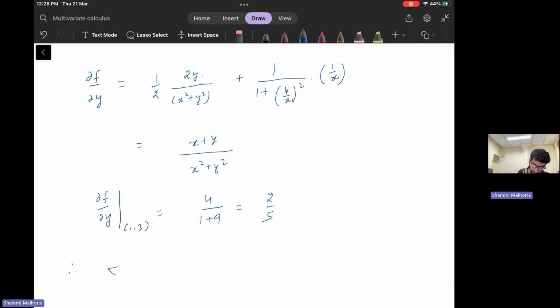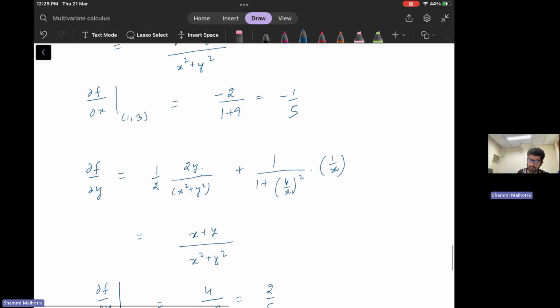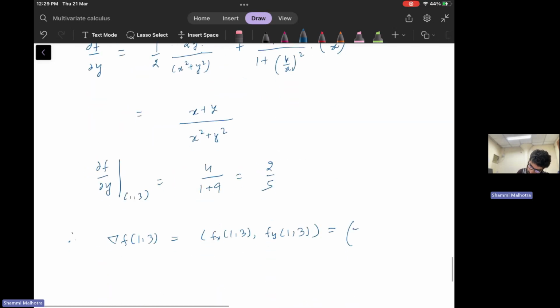Therefore, my gradient of f at 1, 3 is nothing but, with partial with respect to x, minus 1 by 5.